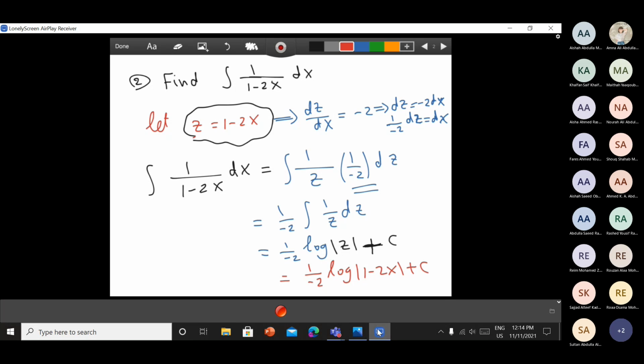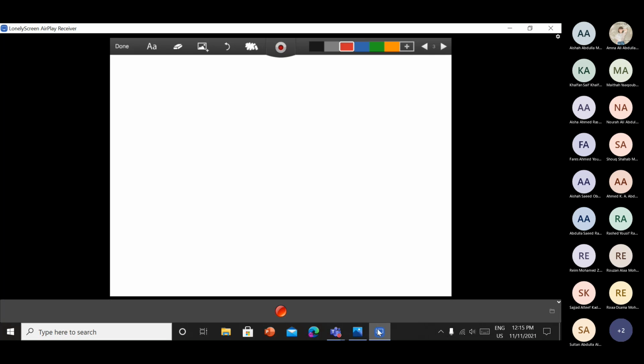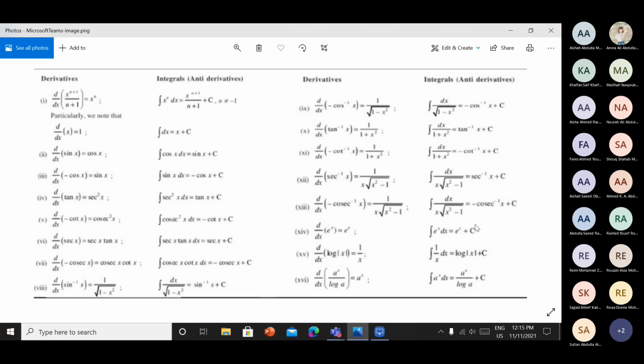Fine. So I'm looking for the table and I'm looking for the substitution to give me one of the ready-made integrations in the table. Let's go for another example. Find the integration of e to the 3x minus 2 dx. I don't have it in my table, but I have the integration of e to the x dx.